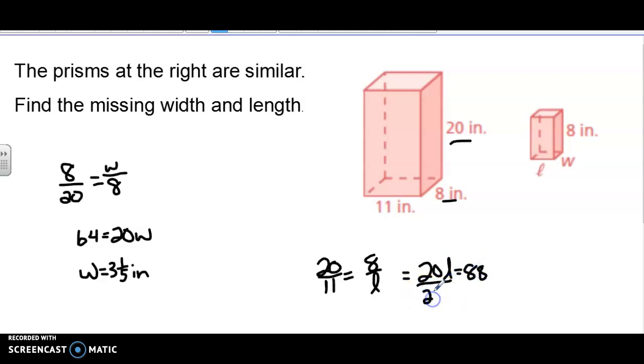If I divide both sides by 20, I get L to equal 4 and 8/20ths, which would be 4.4. And again, that would be inches. All right, so your width is 3 1/5 or 3.2, and your length is 4 2/5 or 4.4.